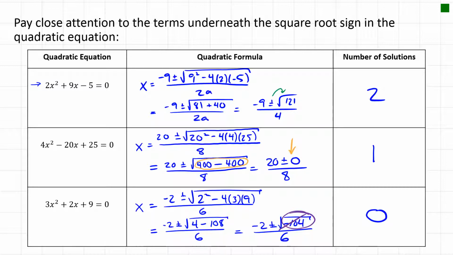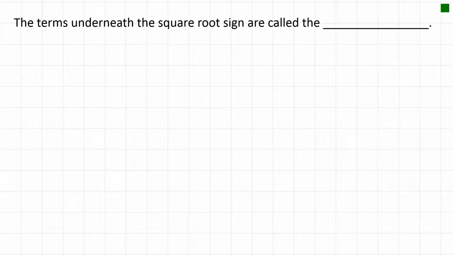So the value that ends up underneath that square root sign tells us about the nature of our quadratic equation and how many solutions we can expect to have. It's for this reason that we call the terms underneath the square root sign the discriminant of the quadratic formula.